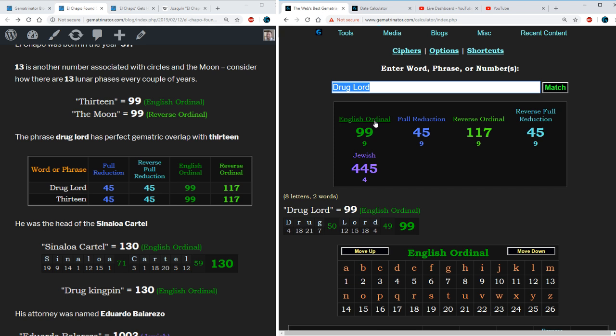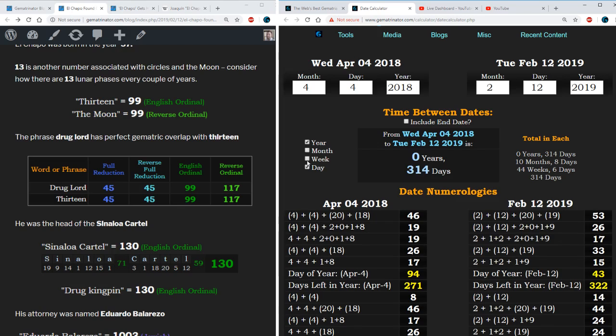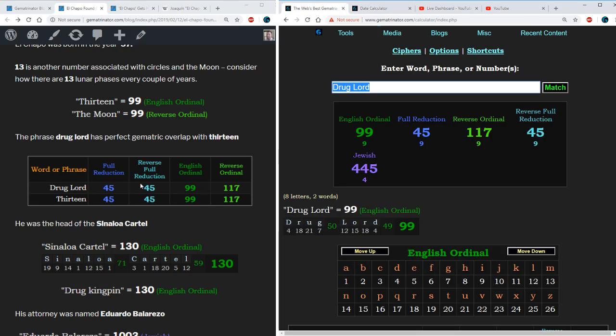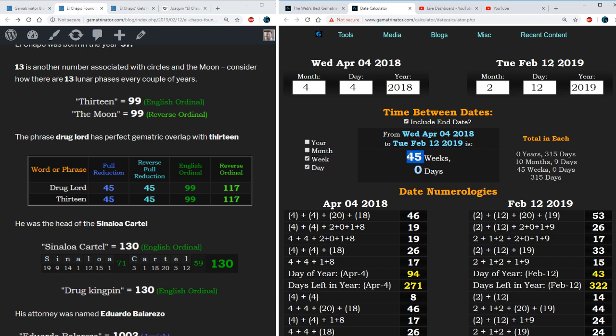Drug lord equals the same 4 numbers in the same 4 base ciphers. Notice how both 13 and drug lord sum to 45 in both reduction methods. Today's verdict falls exactly a span of 45 weeks after El Chapo's birthday.